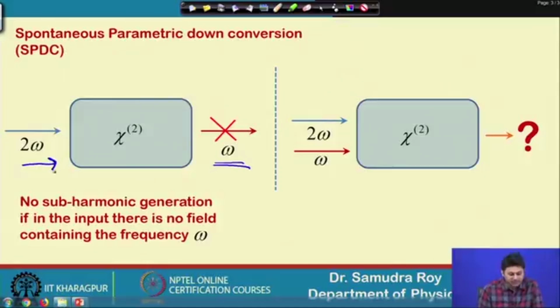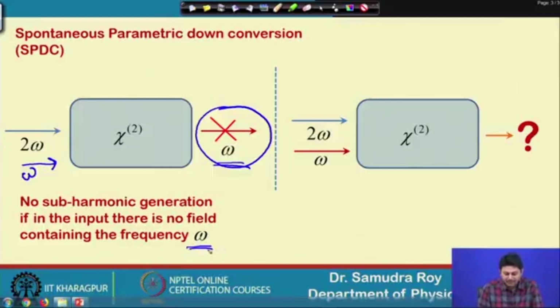So, the boundary condition suggests that even if I launch 2 omega, if there is no omega frequency at the input, that means there is no field containing omega frequency, then this omega, that means subharmonic, will never be generated. That means no subharmonic will be generated if in the input there is no field containing frequency omega, as written clearly here.